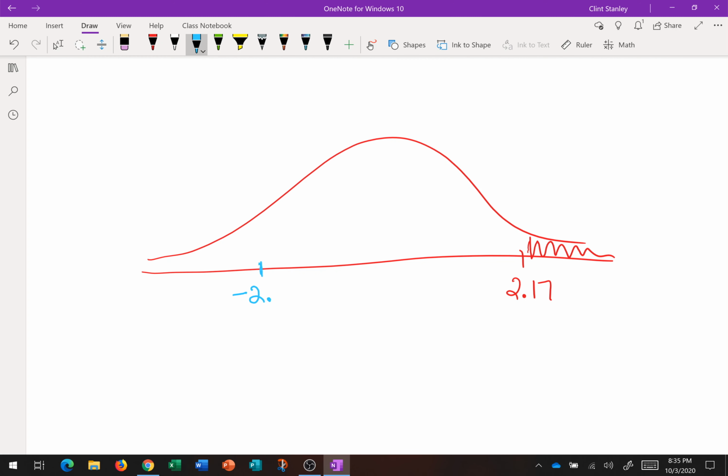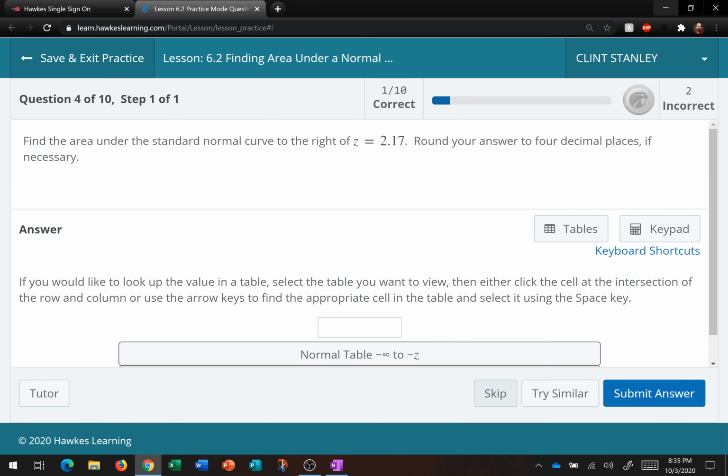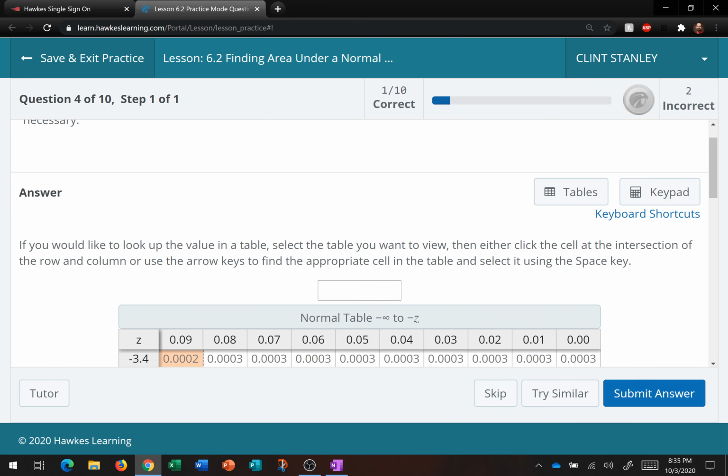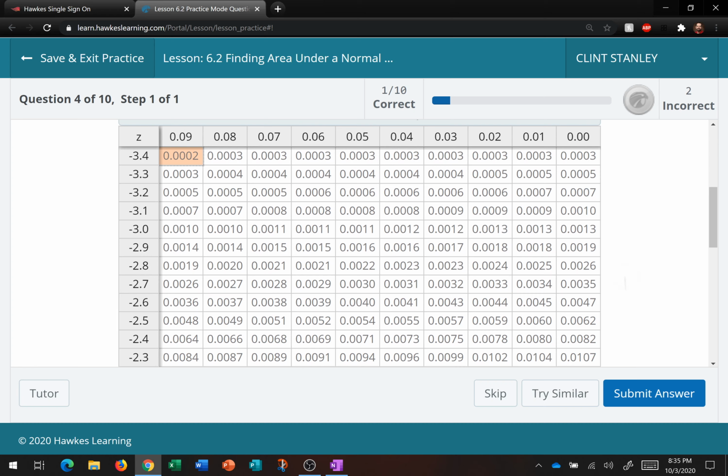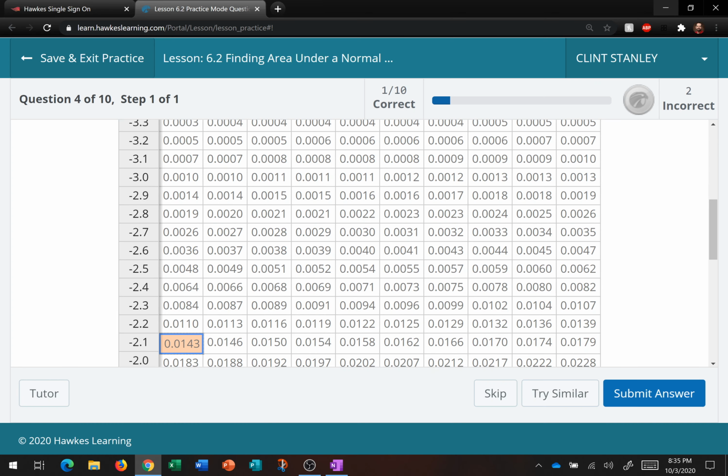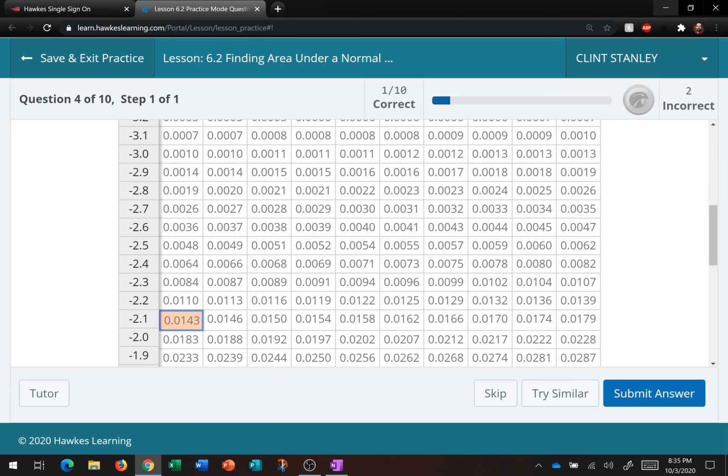So we can just change the sign of our z value and look up the area to the left, and that's going to be the same as this area over here to the right. Since it says I want the area to the right of 2.17, instead I'm going to look up negative 2.17. So I'd go to my table, look at negative 2.1, that's this row, and then 7 is this column, so 0.0150. So anytime it says to the right, you're going to look up the opposite of what it gives you.